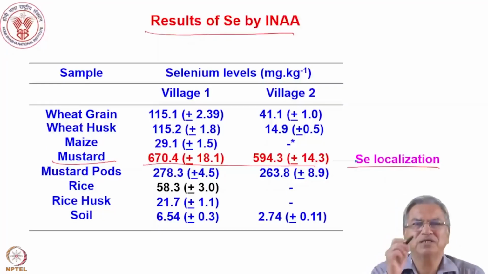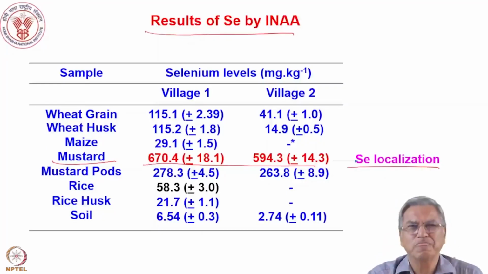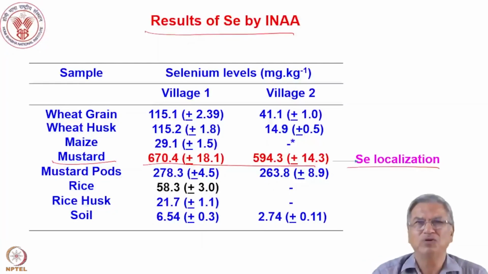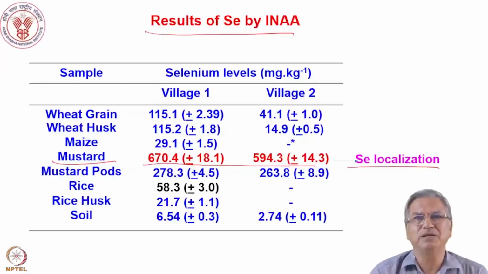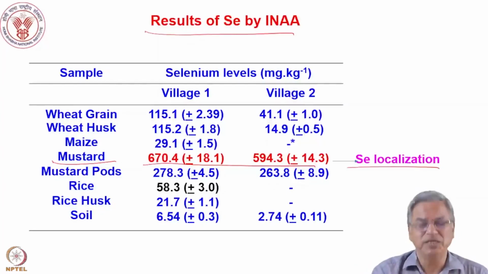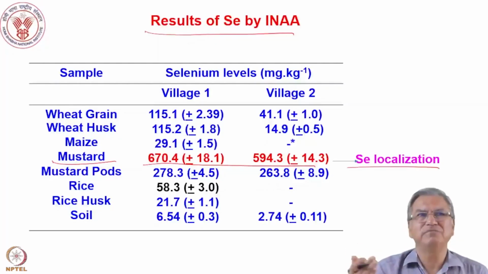Particularly, the mustard contains some sulfur compound, and sulfur and selenium are homologs of each other. So selenium will go along with sulfur. Any plant containing excess of sulfur will enrich the selenium. Therefore, it is important to study the concentration of selenium in different plants so that one can understand whether there are selenium-related diseases in the population in the area.